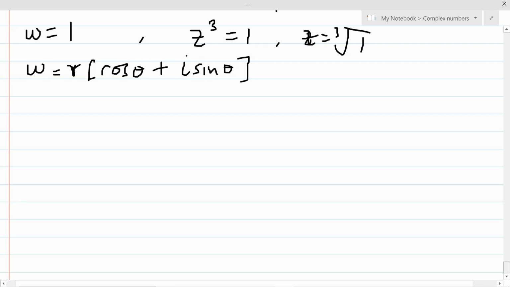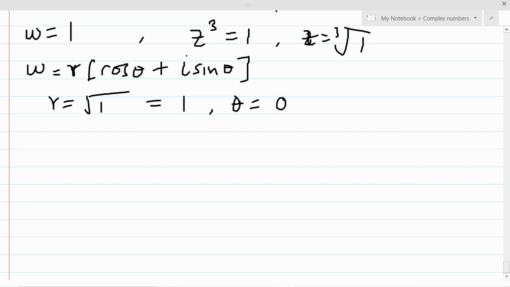Okay, now w being 1, r will be what? Square root of 1 squared plus 0 squared, which is 1, and so square root of 1 will be 1. Now our theta, we said the angle that it makes with the positive x-axis, that is the same as tan inverse of 0 over 1, which is 0, and theta will give me what? 0.